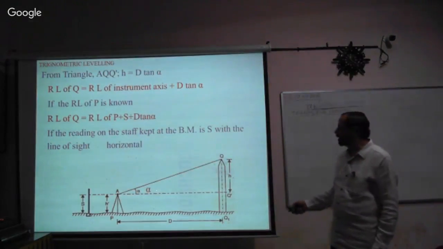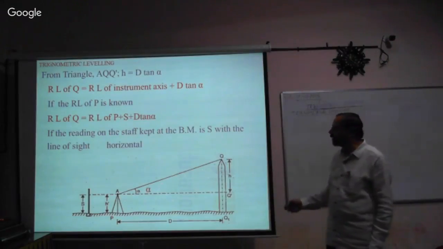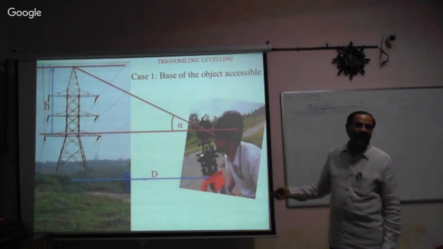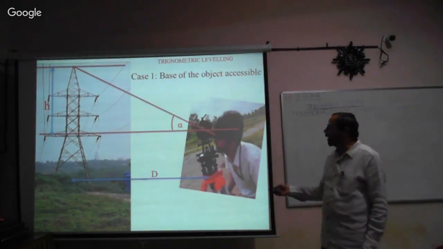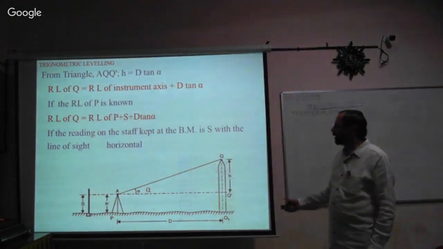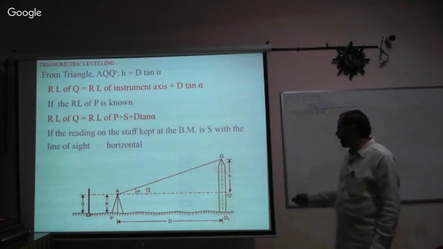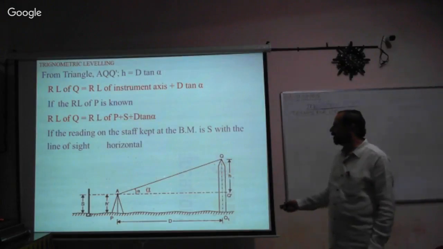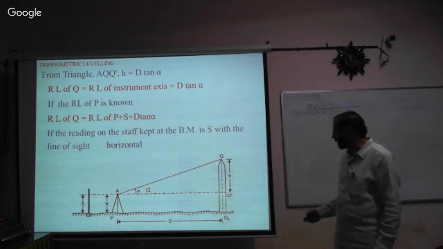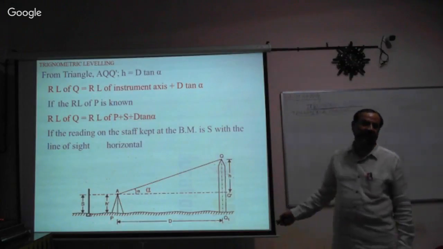Now this diagram is available in the textbook, whereas this one is practically taken from the field. Please remember: this is the height of the object above the instrument axis, and this is the vertical angle measured, alpha. The distance is also measured from the instrument station to the object.